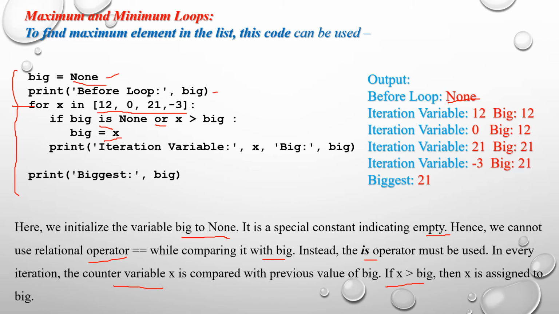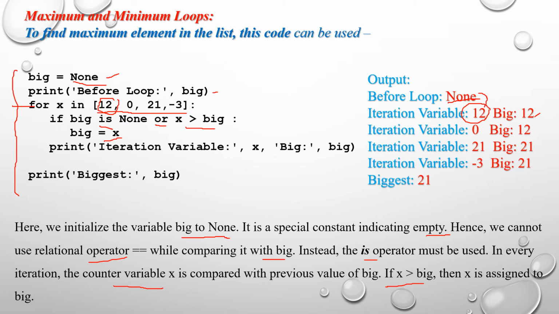The first iteration is going to print 12. The first iteration value is 12. The previous stored value is empty, so 12 is compared with the None value. The biggest value is 12, so the interpreter prints 12 after the first iteration.